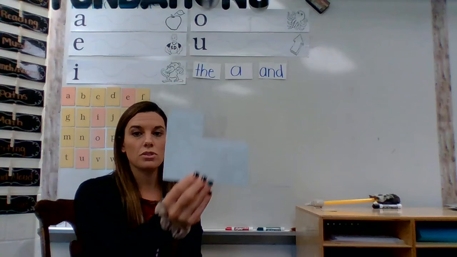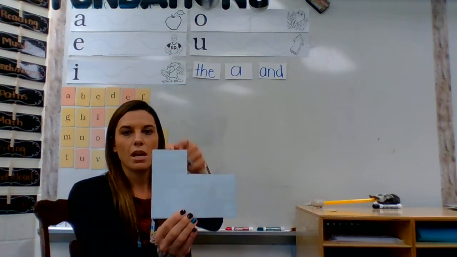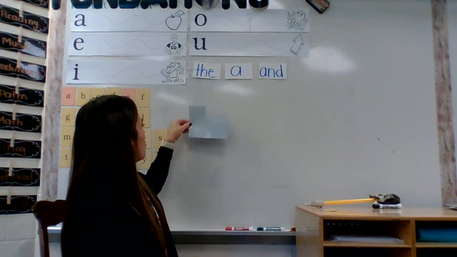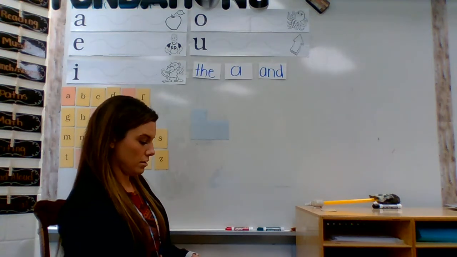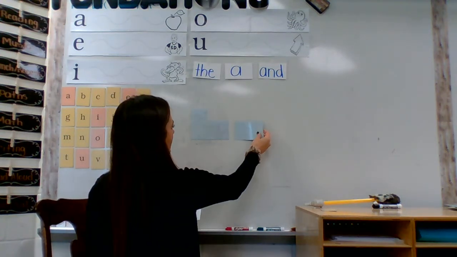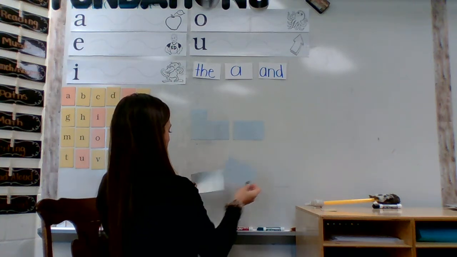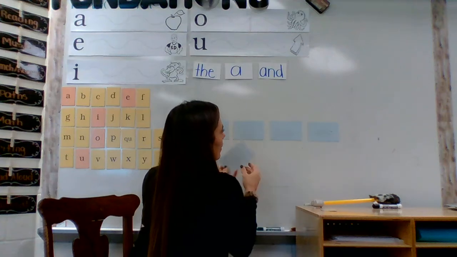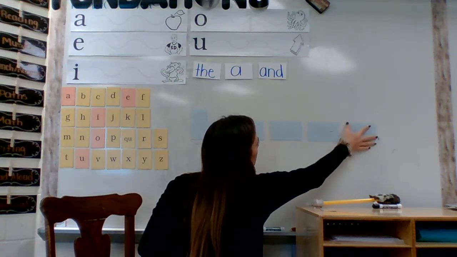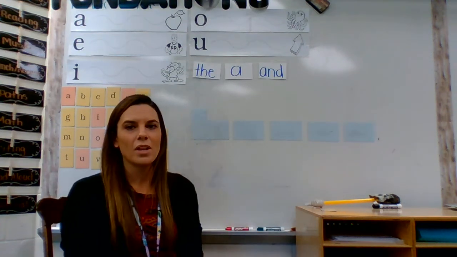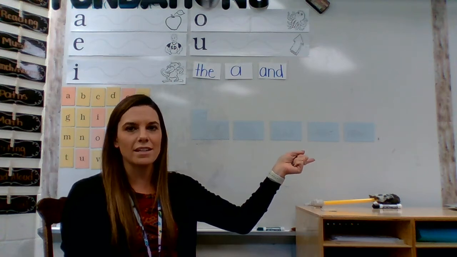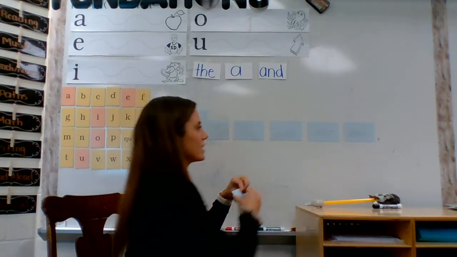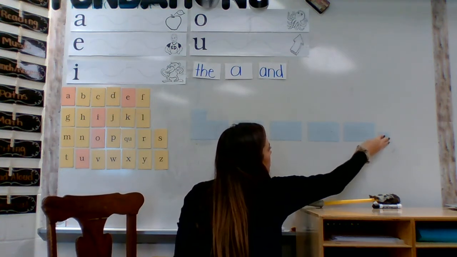So I have to use this sentence frame because that reminds me that I'm going to have a capital letter. Meg had the red hat. What is my sentence missing at the end? Ooh, I hope you said a punctuation mark because I need to put that to remind me.